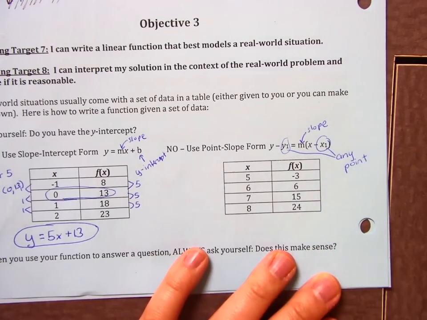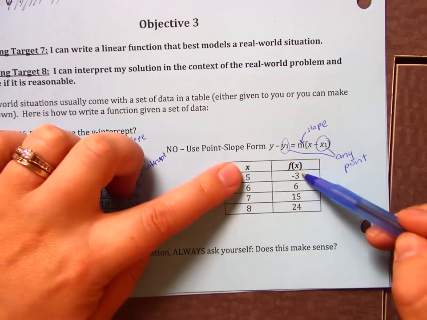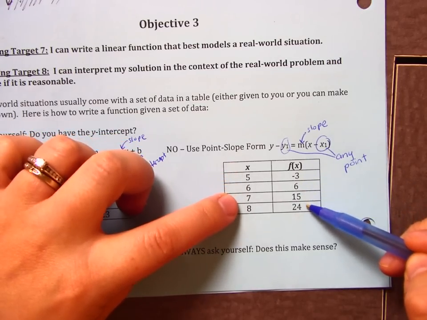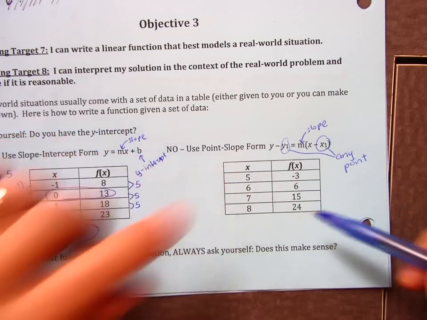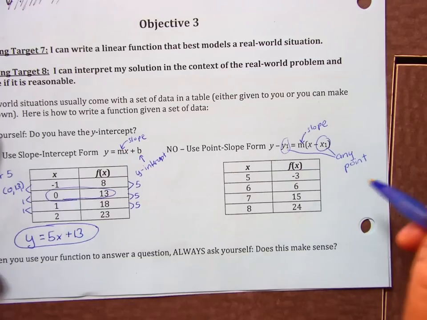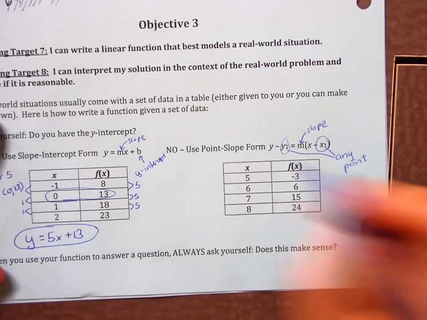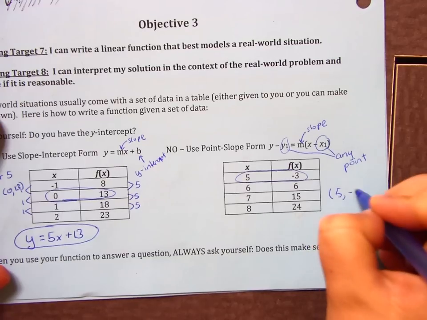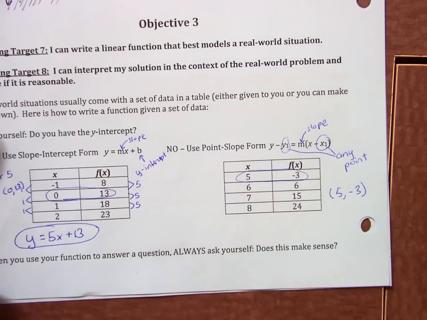It doesn't have to be the intercept. You could use this point, or this point, or this point, or this point. You can just use the information that you have. So if I'm going to use point-slope form, I'm just going to pick a point. And I'll just pick this point because it's the first one. But I could pick any point I wanted.